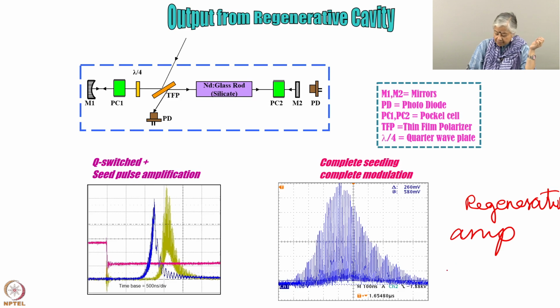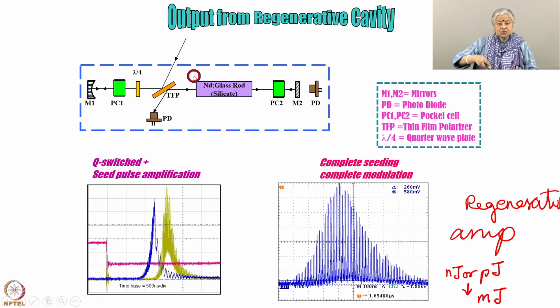So, maybe nanojoule or picojoule, you can go up to millijoule level if you have passed this pulse through that. That is the whole idea of having a regenerative. That means a single gain medium is able to produce a pulse of a millijoule. So, why not go in for it?